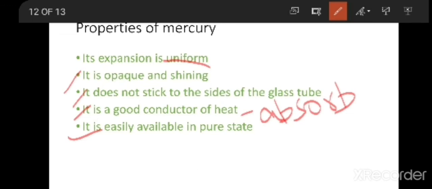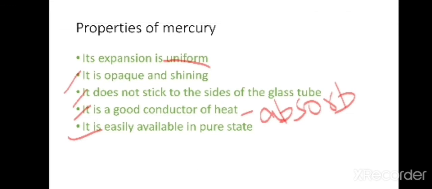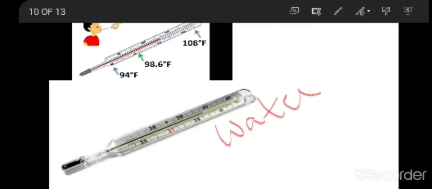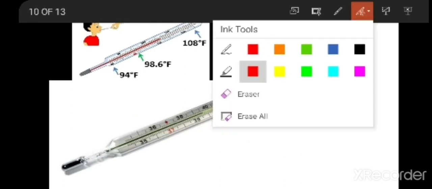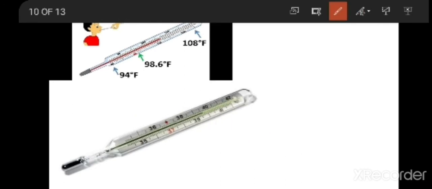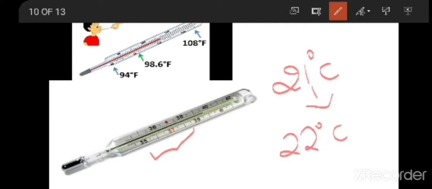What is the meaning of its expansion being uniform? See, for example, body temperature is rising by 1 degree. Suppose your body temperature is 21 degrees Celsius and it has risen to 22 degrees Celsius. So how many degrees has it risen? 1 degree Celsius.